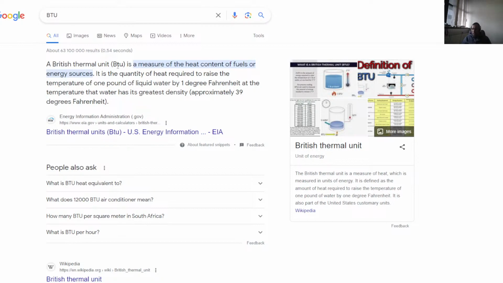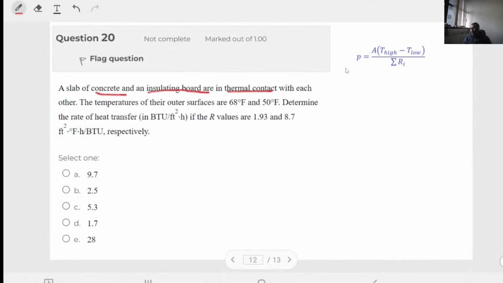British thermal unit. A measure of the heat content of a fuel or an energy source. It is a quantity. Anyways, forget about that one. I put together just a simple number. I don't know if you know of this formula. This is the temperature of the outer surfaces that determines the rate of heat.